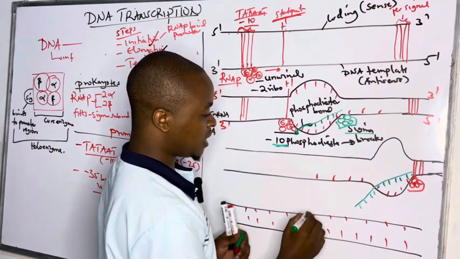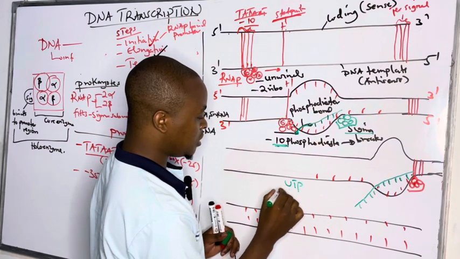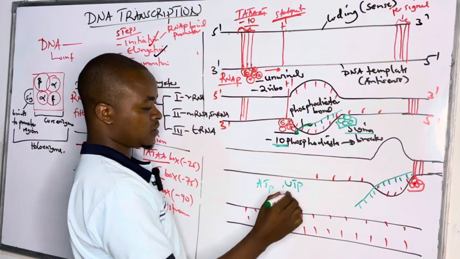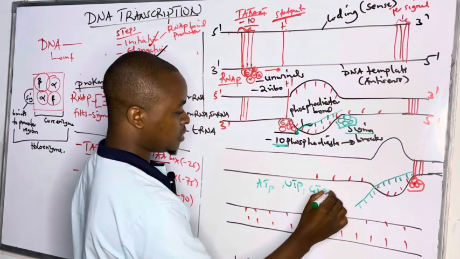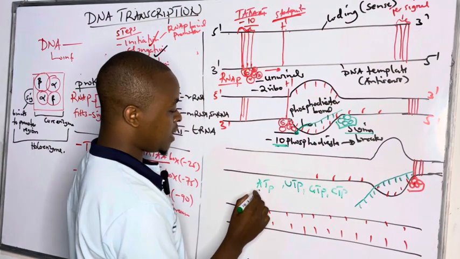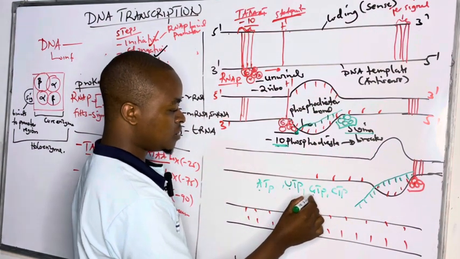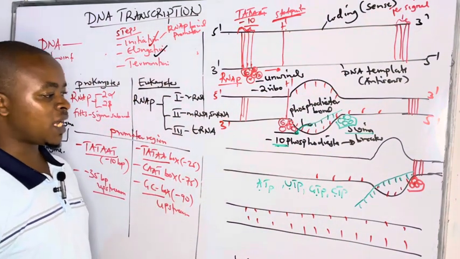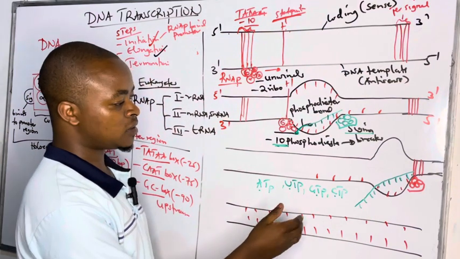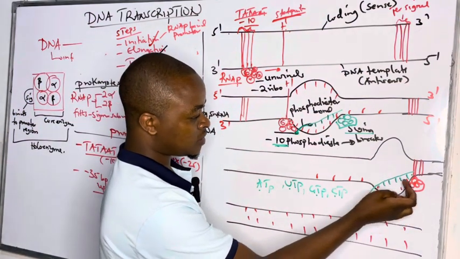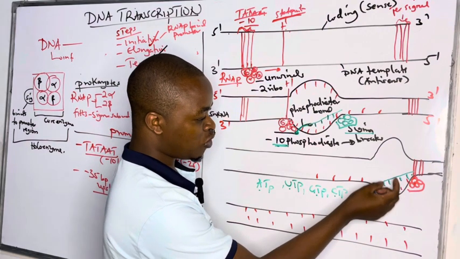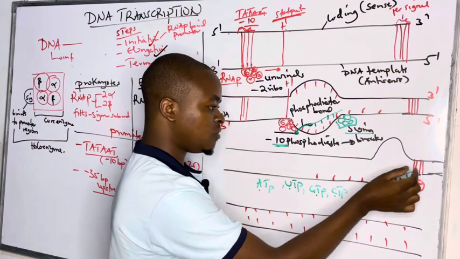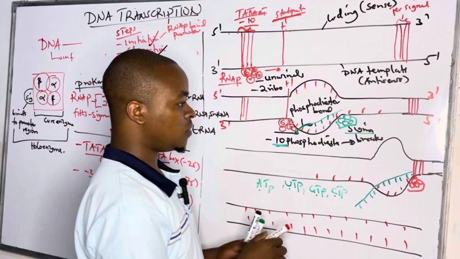And this one, elongation step, is utilizing ribonucleotide triphosphates: adenine triphosphate, uridine triphosphate, guanosine triphosphate, and cytosine triphosphate. So it keeps adding these ribonucleotide triphosphates by reading the bases on the DNA template, adding the complementary base pair, and it continues moving along until it reaches what we call the termination signal.